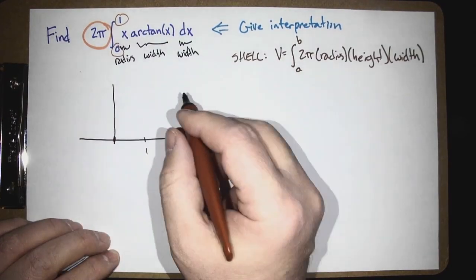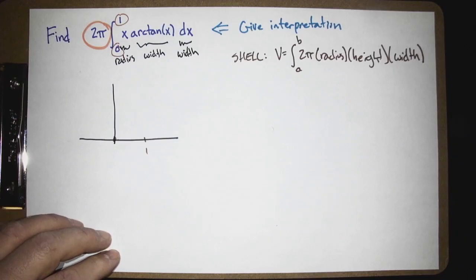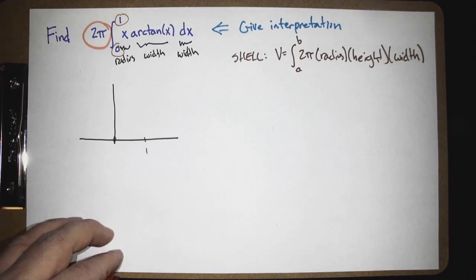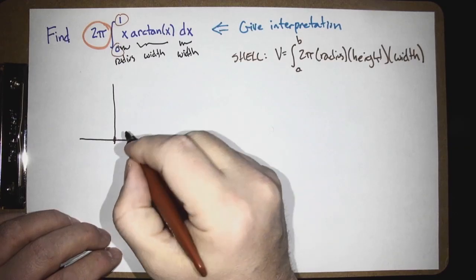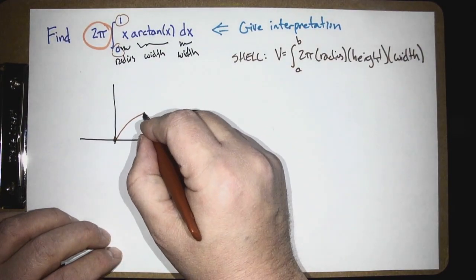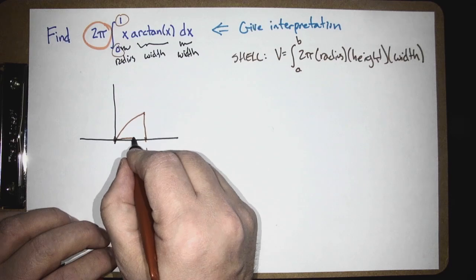And let's say this is 1, arctangent of 1. You have that memorized? Arctangent 1? Pi over 4! Beautiful number. Okay, so it's doing that.